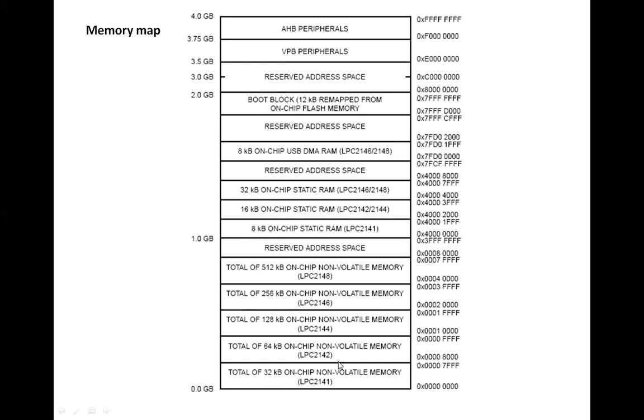You already heard in the 8051 the concept of special function registers. You can see that SFRs are accommodated in the memory. In the same fashion here also, ARM7 provides VPB or AHB peripherals to be accommodated.